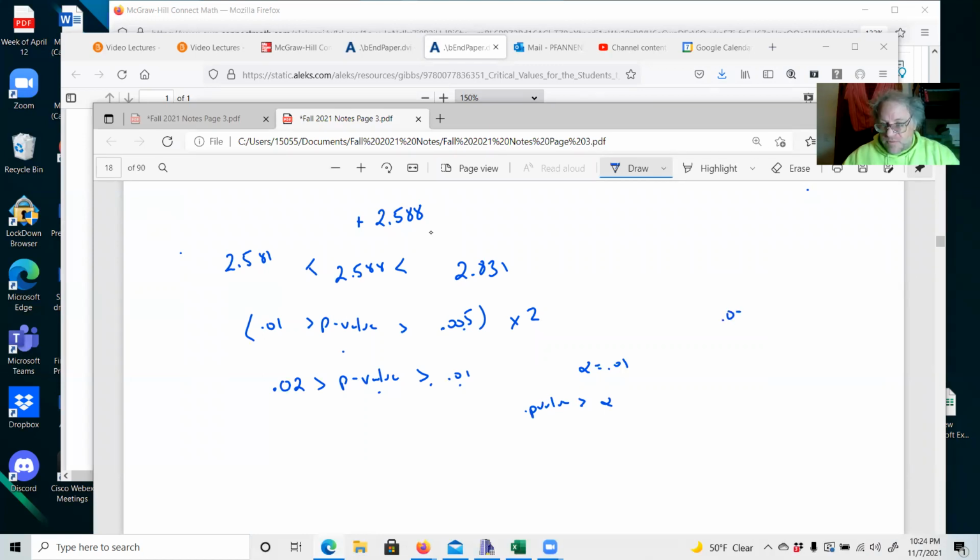If you had a p-value between 0.05 and 0.02, and you decided for some bizarre reason that your alpha is 0.03, I couldn't say anything about it. I'd have to say, well, it might be, but it might not be. So we always give the benefit of the doubt to the null hypothesis. We would say, do not reject the null hypothesis. I don't have enough evidence to say one thing or the other.